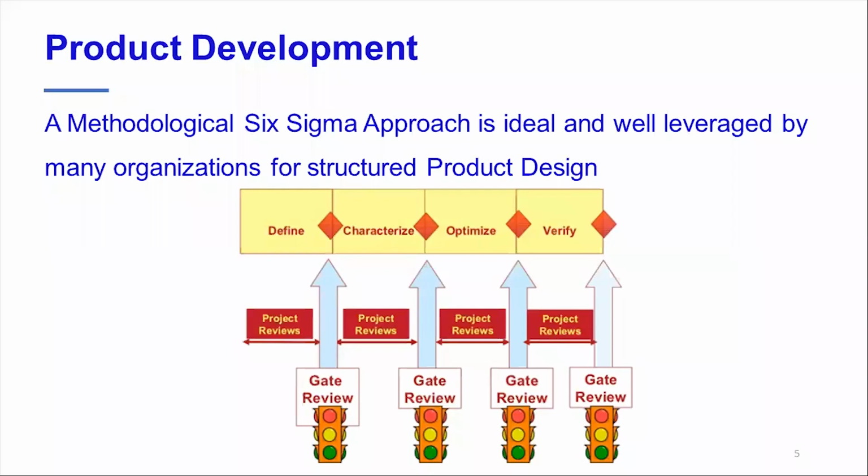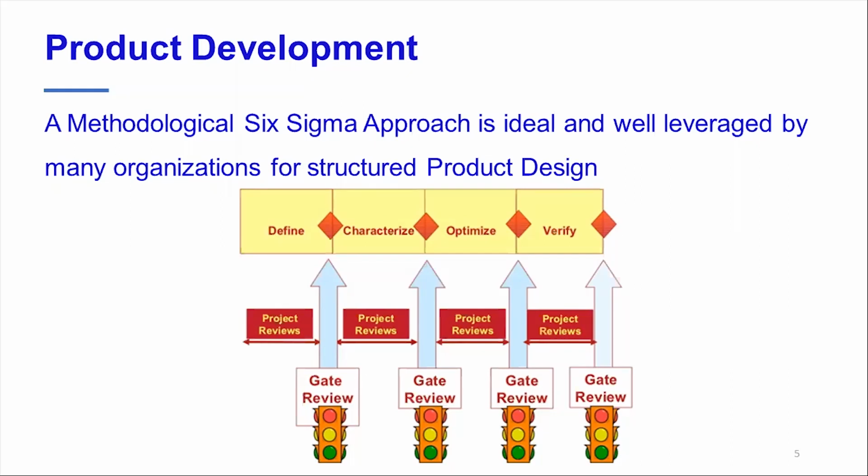So in 1980 or so, Motorola came up with Six Sigma, and then GE brought DFSS, and many organizations followed this approach because they observed excellent results. Typically for product development, what we use is Design for Six Sigma, which is DFSS. This is a structured approach to take forward the product design.